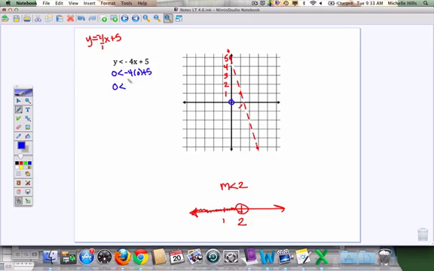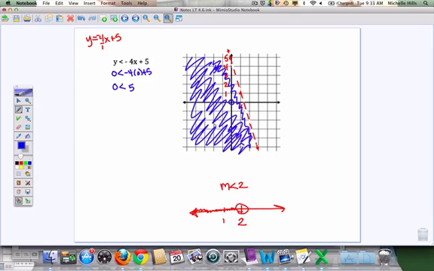This left side is still 0. Negative 4 times 0 is 0, plus 5 is 5. 0 is less than 5 is a true statement, which means the points on this side of the line give me true statements. So I'm going to shade in all the way up to the line and then shade everything on this side of the line.